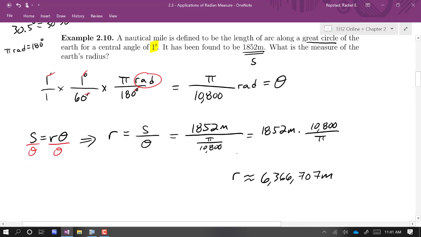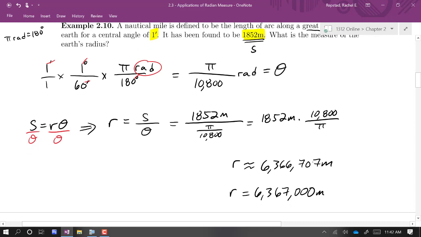Now, if you check your answer in the back of the book, they're likely to round this and call it 6,367,000 meters, rounding to the nearest thousands. The reason is that the measure they gave us has 4 significant digits, and they were using 4 significant digits to give the result. It's okay with me, and more often than not, you'll see me take it out further, but that's why you'll see it rounded like this in the back of the book.